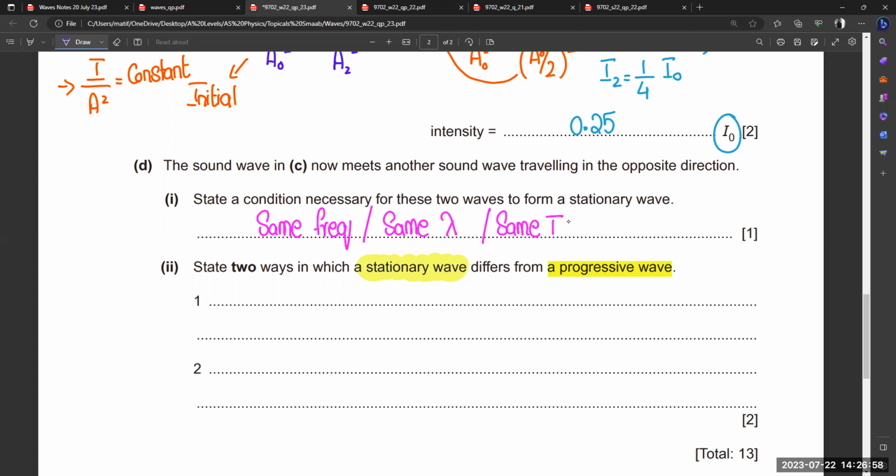So any idea what will be the difference? Stationary is like in one place, but progressive is moving. Okay, nice. So one thing we write in our first point is that stationary waves, because this is a very common difference from the stationary.